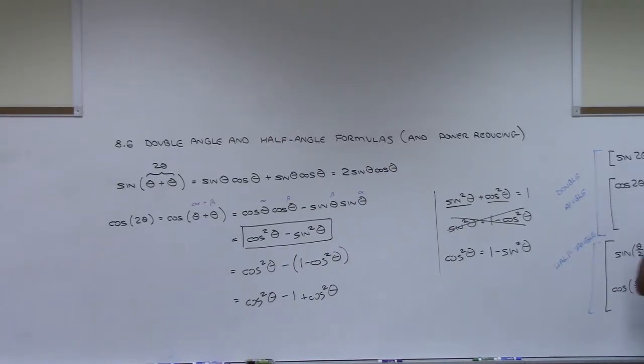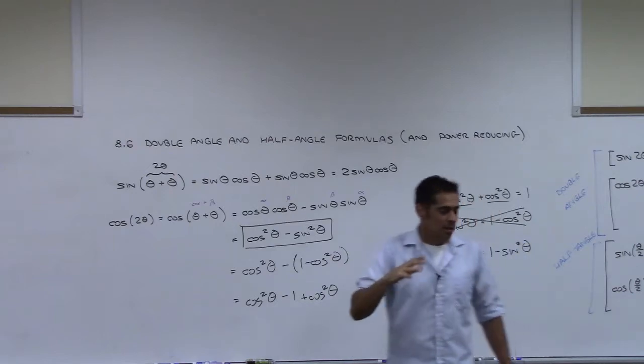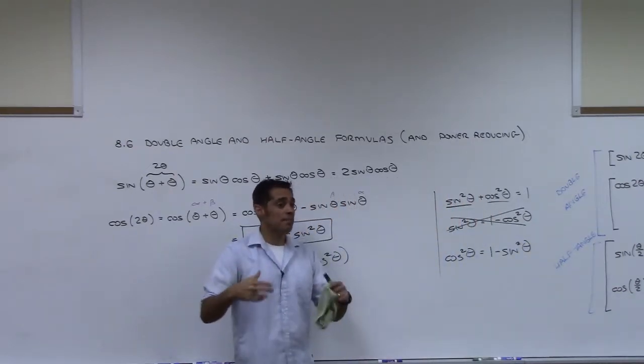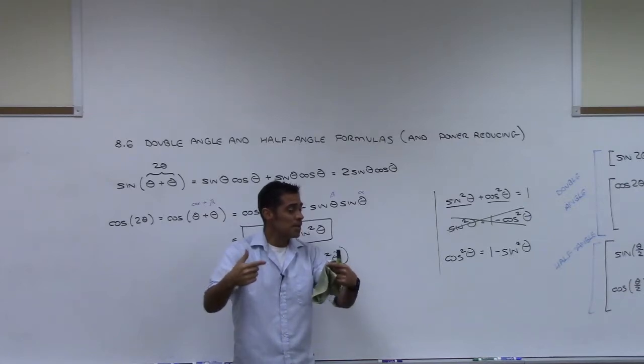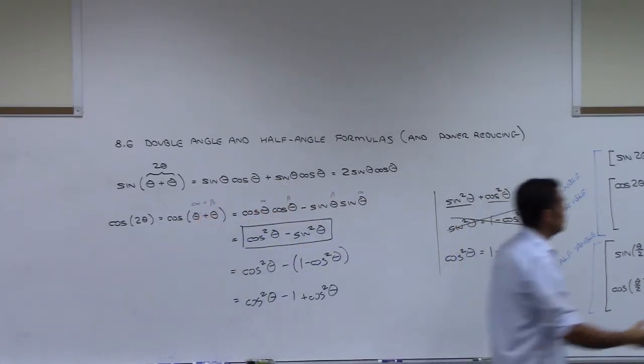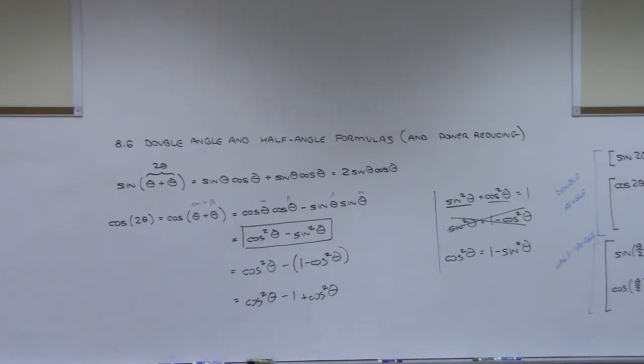And later on, especially in Cal 2, a lot of times you don't want to deal with the sine squared. You'd rather not have something squared to deal with. So what we do is we want to get rid of the squared. And notice on the new expression, there are no squared trig functions in here anymore. Do you see that? The squared went away. We have reduced the power from a power of 2 down to a power of 1.